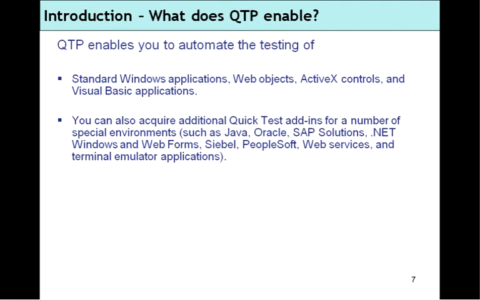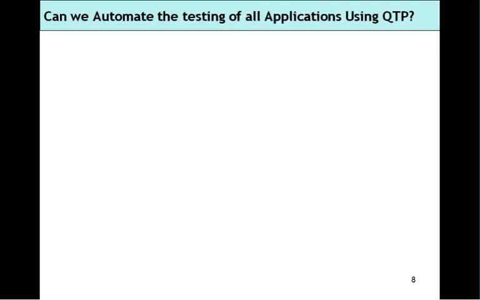If you have been given a .NET application, in that case you need to have a .NET add-in manager. If you've been asked to test the SAP application, then you need to have a SAP add-in in your QTP installation.